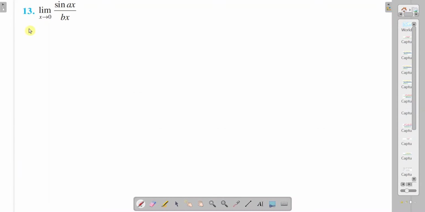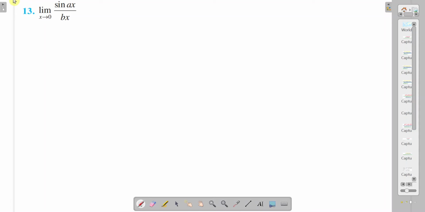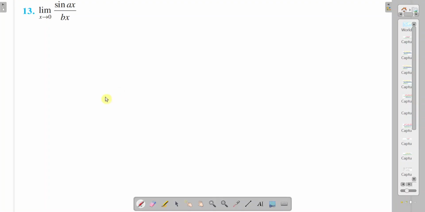Now problem 13. So what is problem 13? Limit x tends to 0 sin ax divided by bx.